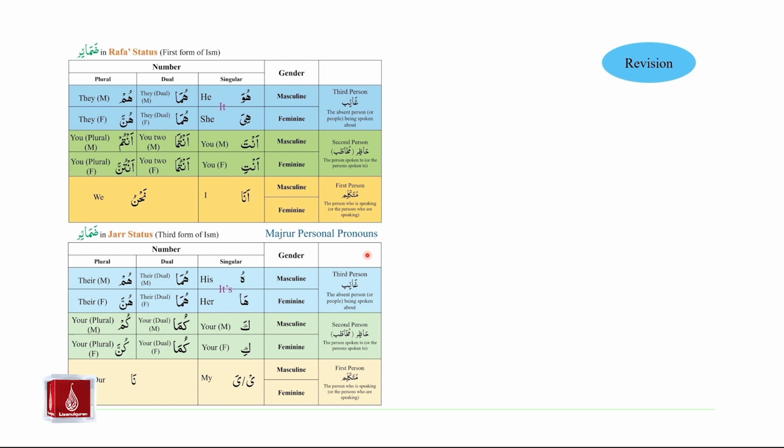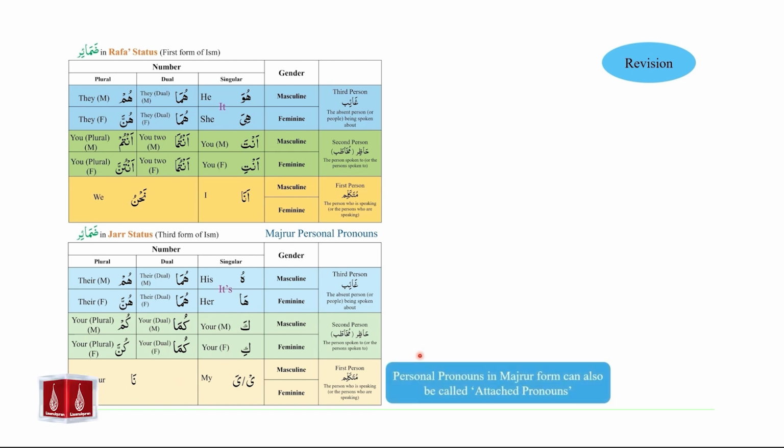The personal pronouns or zamair in the jar status are as follows: hu, huma, hum, ha, huma, hunna, ka, kuma, kum, ki, kuma, kunna, ya, na. The personal pronouns in majrur form can also be called attached pronouns.